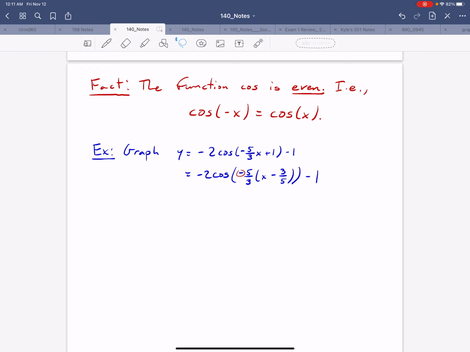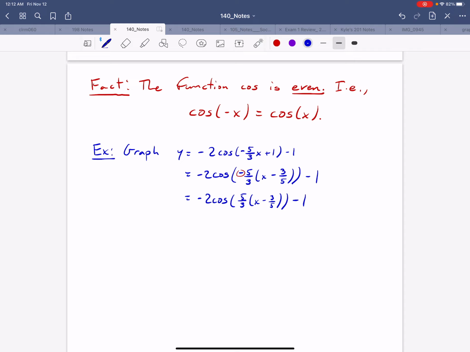Okay. So why is that important? Well, if we go back down here, this is the same as saying negative 2 cosine of positive 5/3 x minus 3/5, minus 1. Now, again, note that we did need to factor out the negative 5/3 from both the x and the minus 3/5.